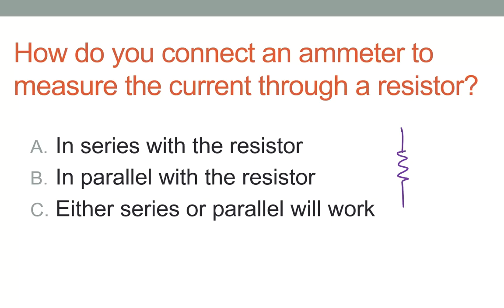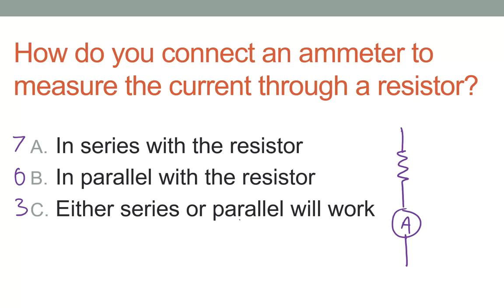Okay, we've all answered. So it's through. When you're measuring the current through, it has to be in series so that any current that went through the resistor had to go through the ammeter.